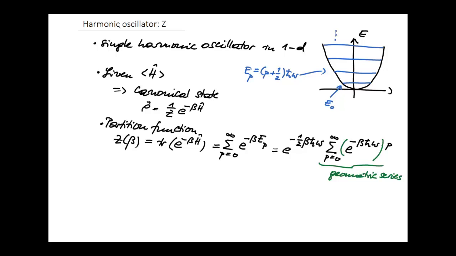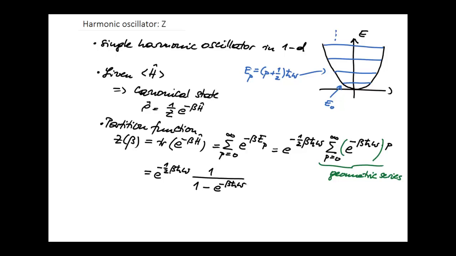And we know the formula for the geometric series. We still have this prefactor e to the minus 1/2 beta h bar omega, and then the formula for the geometric series, that's 1 over 1 minus e to the minus beta h bar omega.